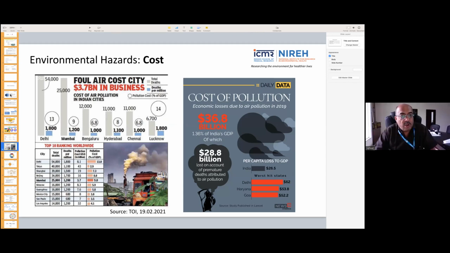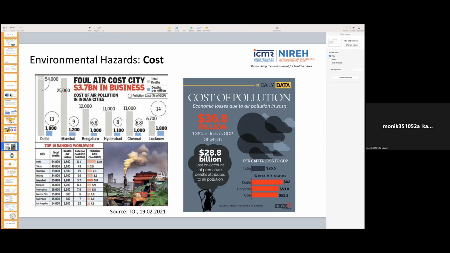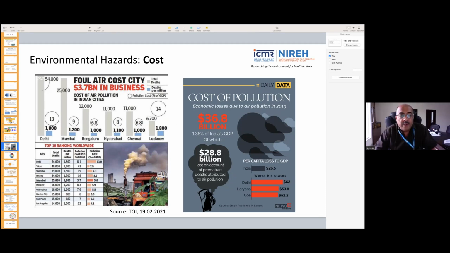So, in terms of cost also, it is a costly affair. It is taking a considerable chunk of GDP. 13 to 14% in cities like Delhi and Lucknow is devoted to air pollution cost. And this is not peculiar to us.